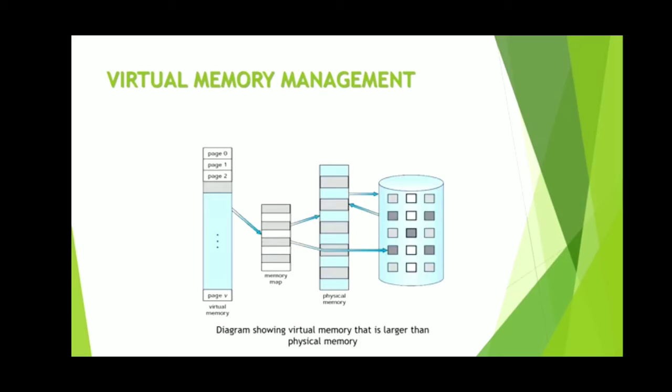If the physical memory does not have that particular page, then it will swap in and swap out from the backing store. As we studied in our previous videos, the backing store is very large, a large storage device which will keep the data. That data will be in the form of pages, and it will be stored in the physical memory.